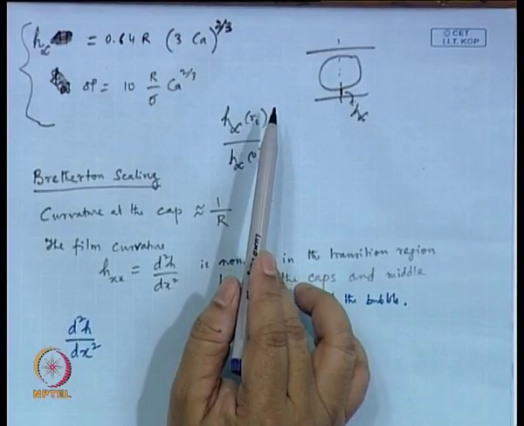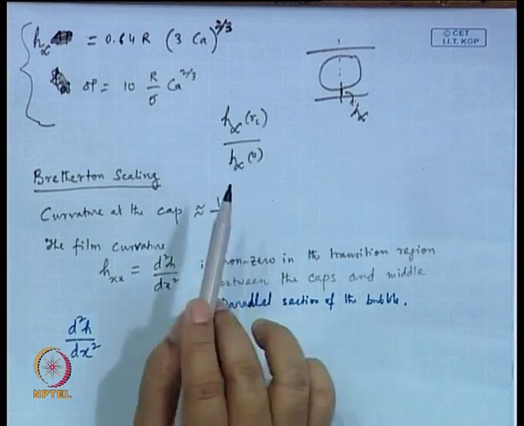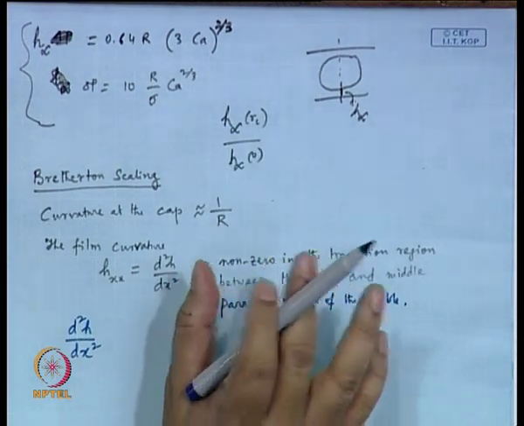Instead of going through this analysis, whatever we discussed in the last class, simply by looking at it as a problem of scaling, if somebody gives me an idea that okay, this is the capillary number, this is the radius of the microchannel, and this is what I have flowing through this microchannel, can you tell me what would be the average value or an approximate scale?